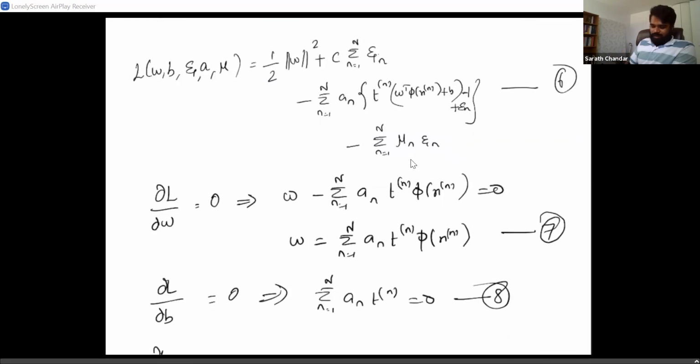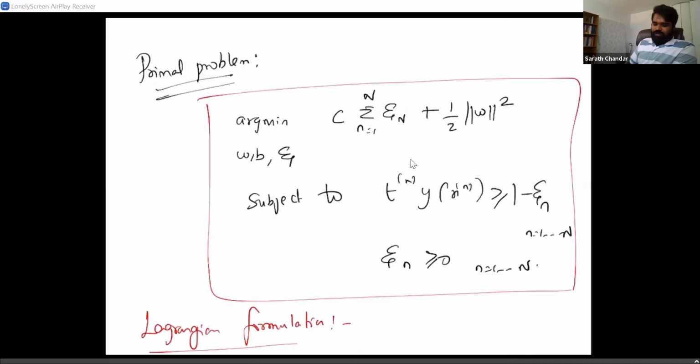If you go back to the primal, you can answer that by looking at it. If C is equal to 0, then you have no constraint on minimizing the error, so that's not a useful problem. C has to be positive. Higher the value of C, smaller the tolerance. You want the error to be minimized aggressively.